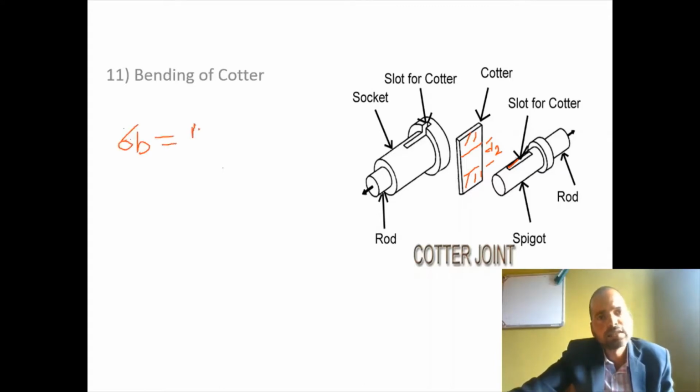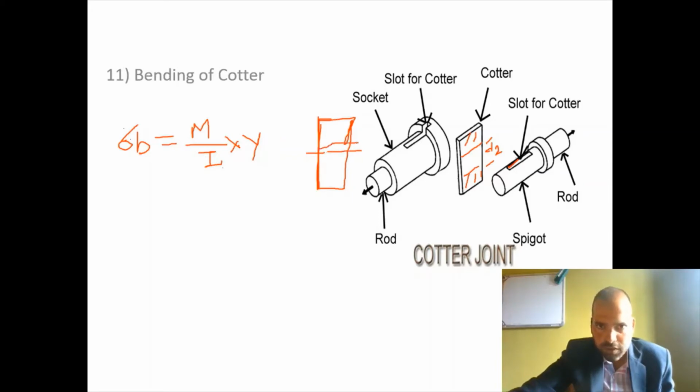Now bending stress, we know, is always calculated by the flexural formula M upon I into y. Where does that bending take place, with respect to which axis? If you draw the diagram of the quarter, let's assume this is a quarter which has one slot at the center.